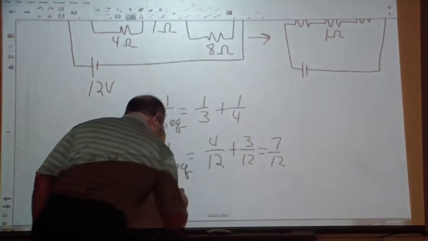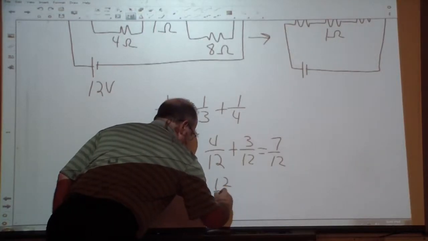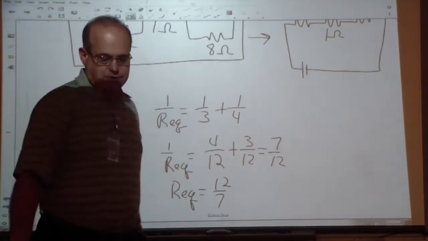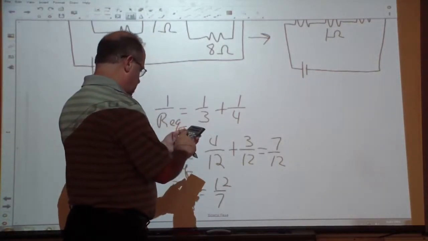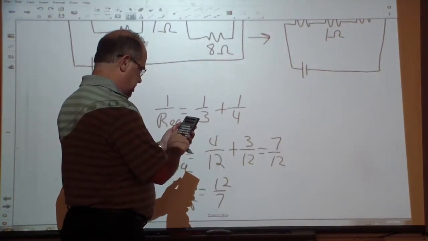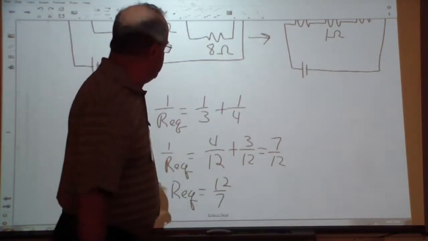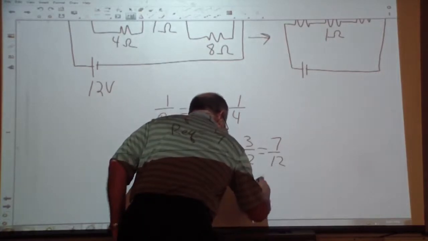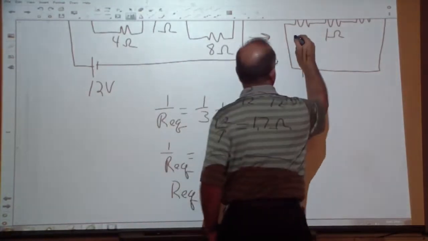All right, so REQ equals 12 over 7. Once again, I'll put 2 sig figs in there when I finally get my data going. 12 divided by 7, which is 1.7. So this equals 1.7. That's that one right there.